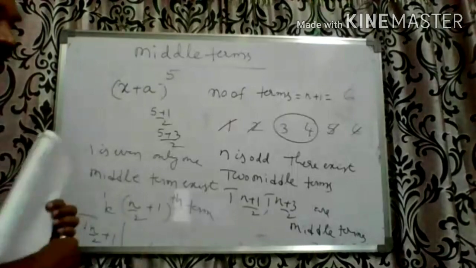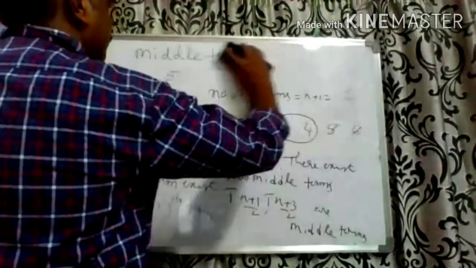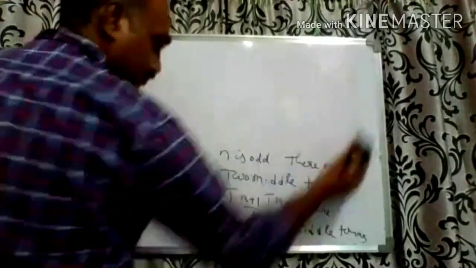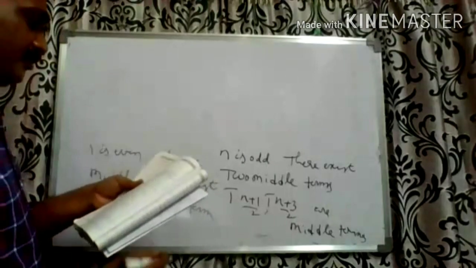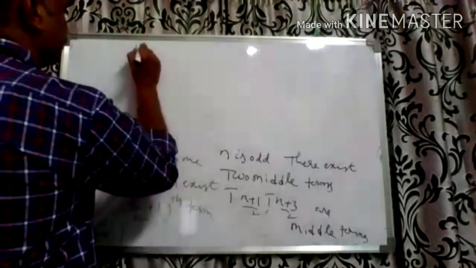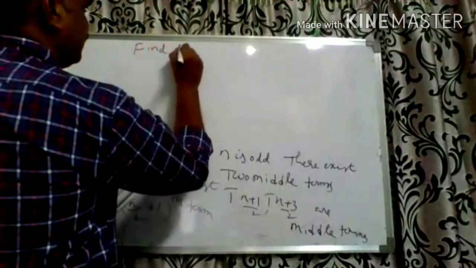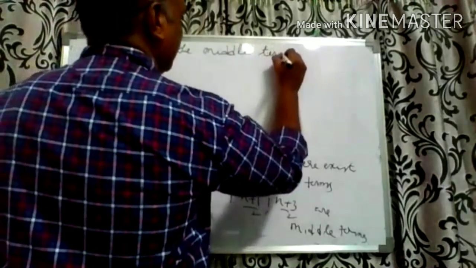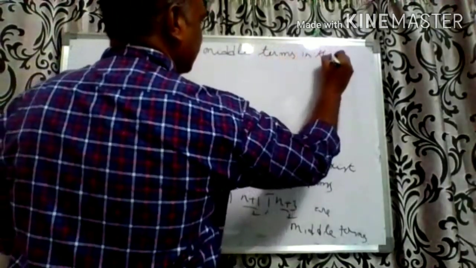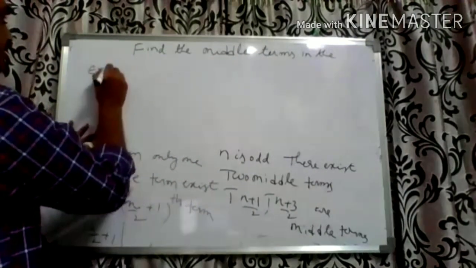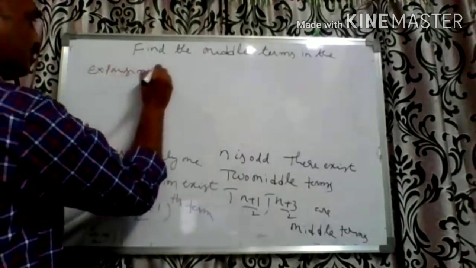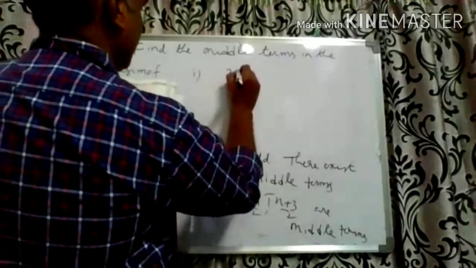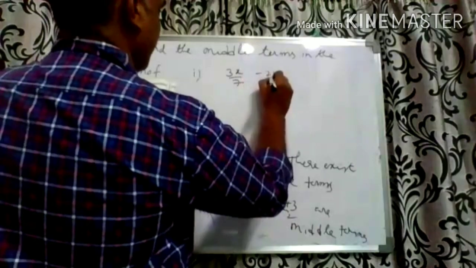Problem: find the middle terms in the expansion of 3x by 7 minus 2y whole power 10.